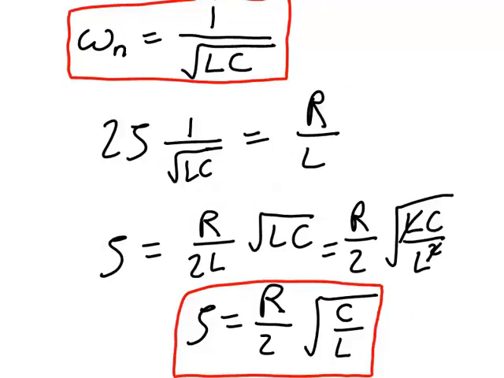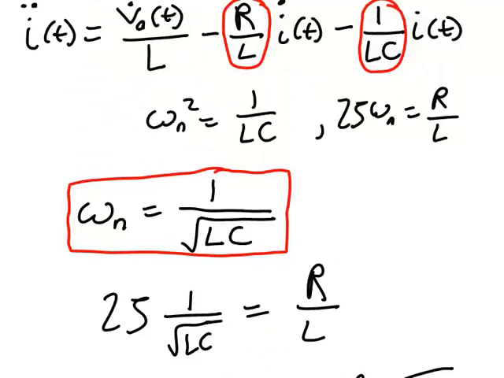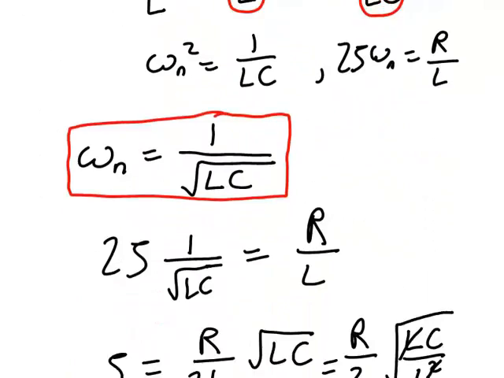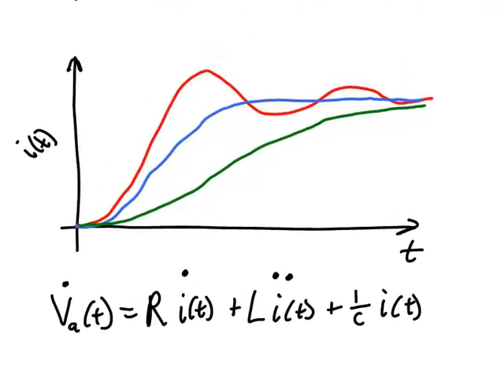So once you've found the equations for these two parameters, you can also find equations in terms of the system parameters, such as the capacitance, the inductance, or in the case of a mechanical system, you can do this in terms of mass, the spring constant, the damping ratio, and you can solve for the values of your system parameters in terms of what you want the overshoot to be, or how fast you want the system to respond, what you want the rise time to be, or how long you want it to take for the system to settle.